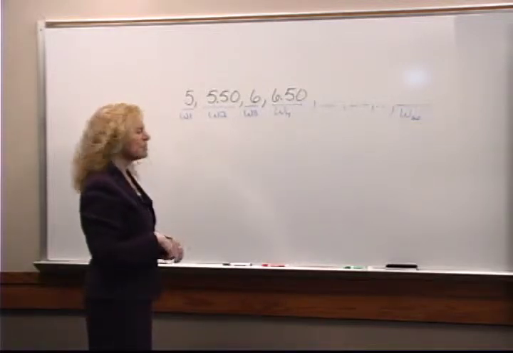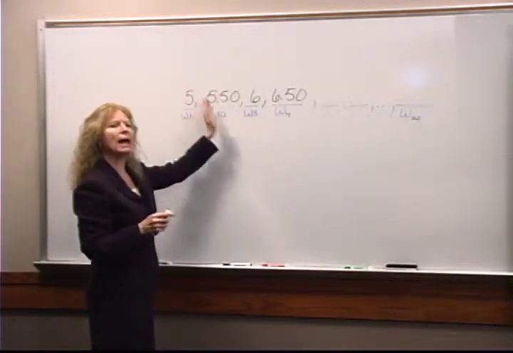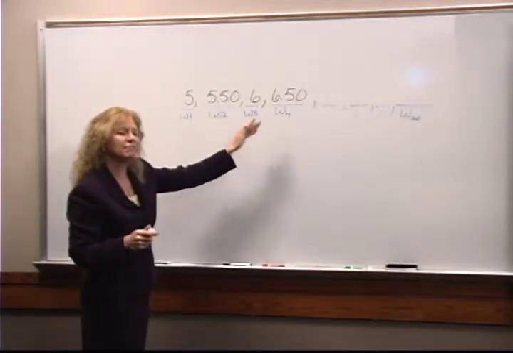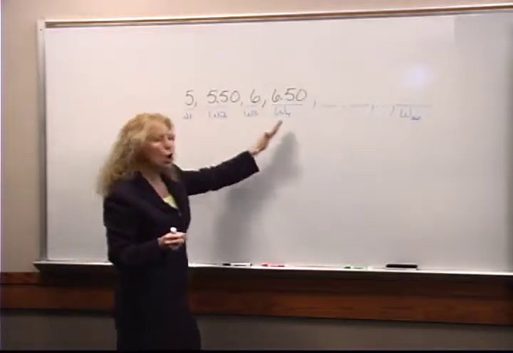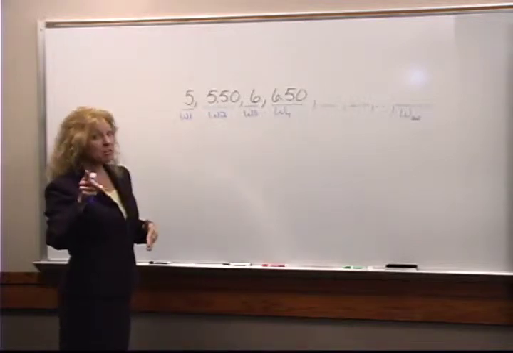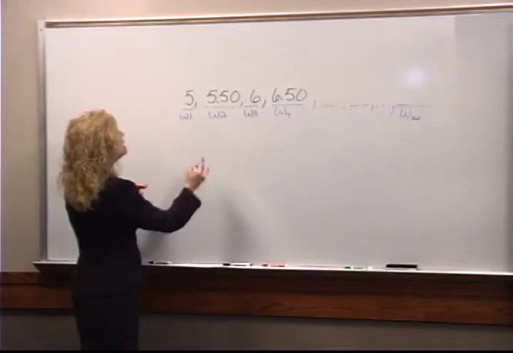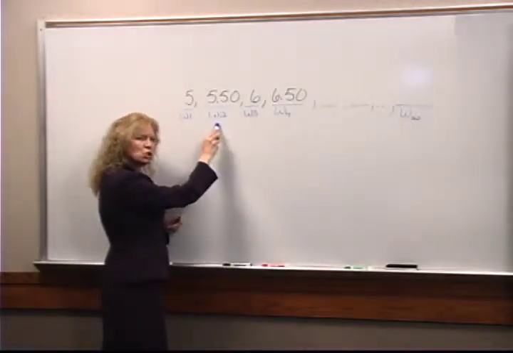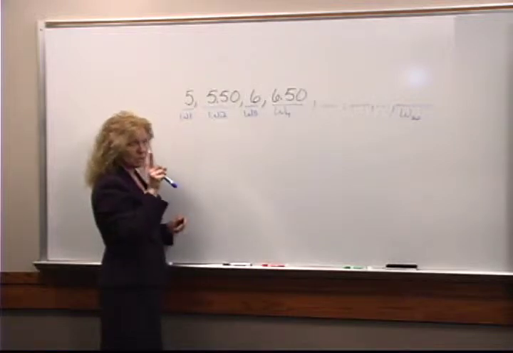Any great idea? Well, let's think about this. Each time we're adding 50 cents, we're adding 50 cents, we're adding 50 cents. So how many times will we add on 50 cents? Now your first guess might be 20, but wait a minute. To get to week 2, we added on 50 cents once.